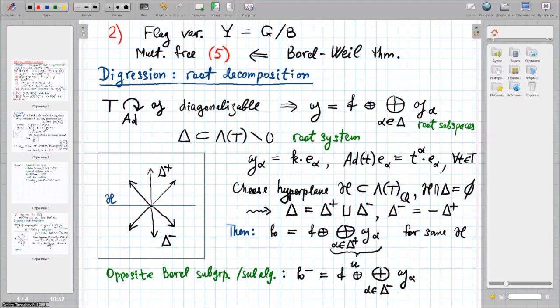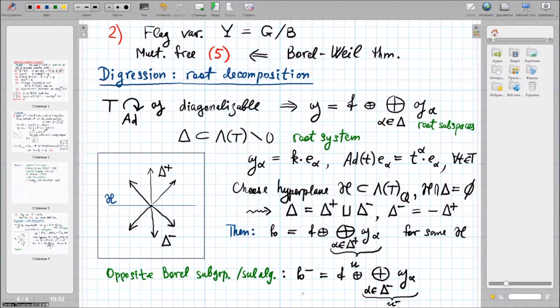So this is the opposite Borel subalgebra, and again the sum of the root subspaces corresponding to the negative roots gives the maximal nilpotent subalgebra, denoted by delta minus in this B minus.